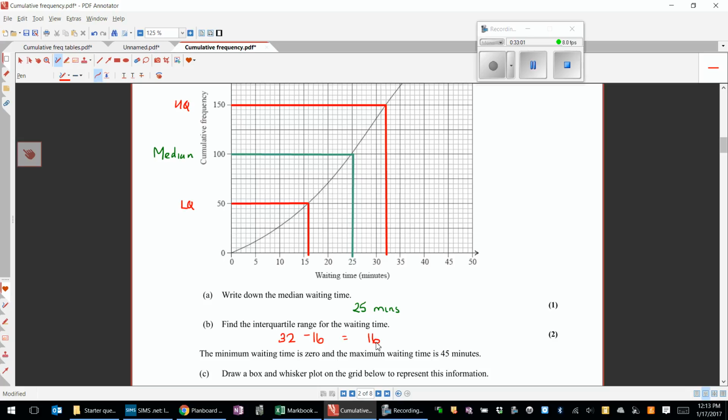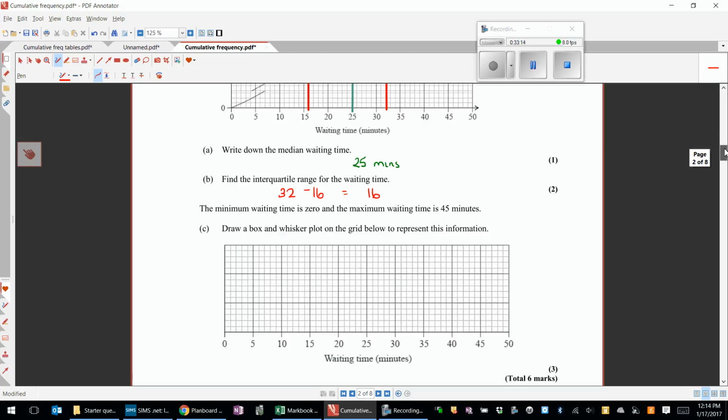Now, this is where we go from converting a cumulative frequency to a box and whisker plot. And to do this next type of graph, we have to be given this information, right? And the information we're being given is that the minimum is 0, the maximum is 45.